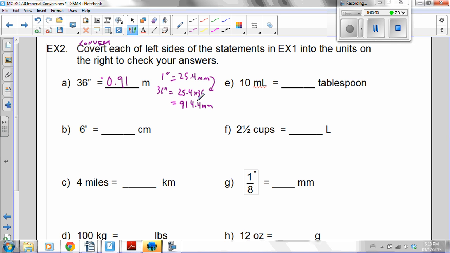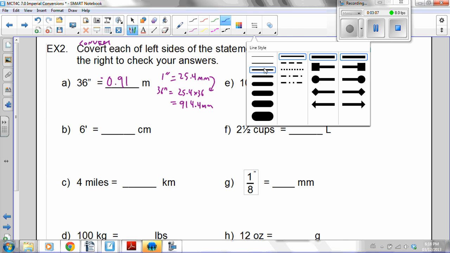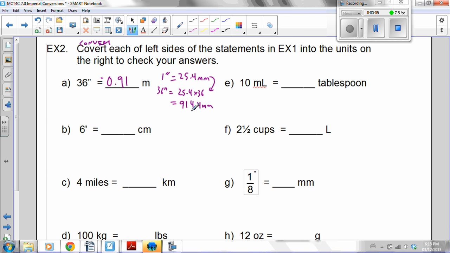And of course, then I need to be able to switch it back into meters. I need to know my metric system as well. So millimeters to centimeters is just one decimal place, right? That many millimeters is 91 centimeters, and then two more to get it into meters, and then we've got what we had before. Okay, so it's all fine, and we're going to do this a few times.